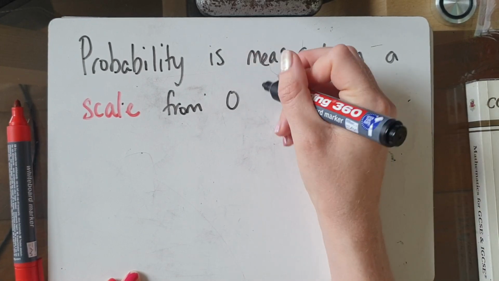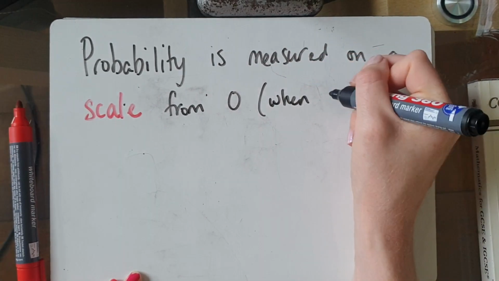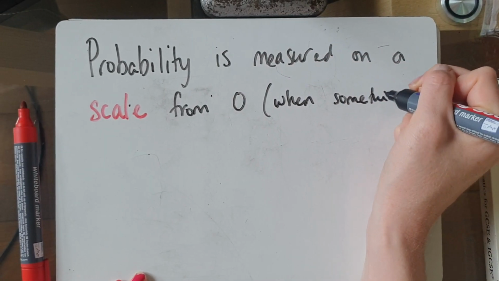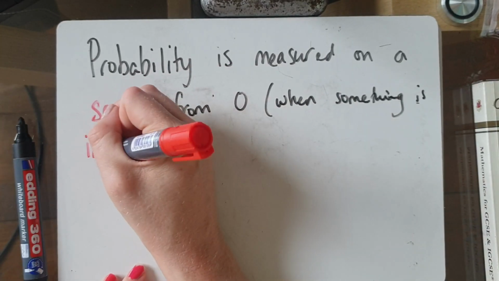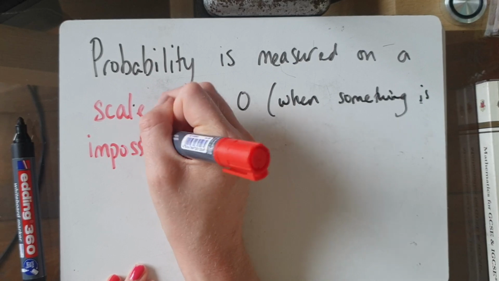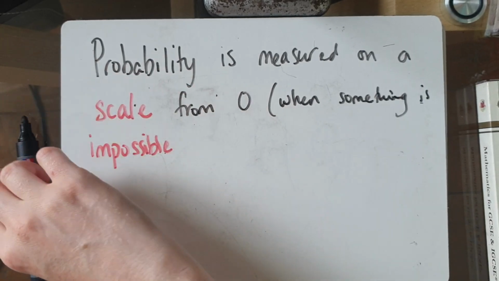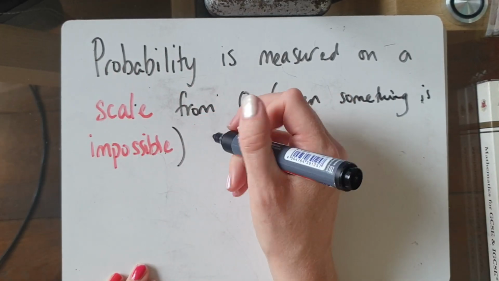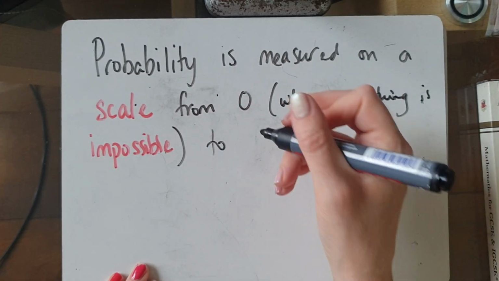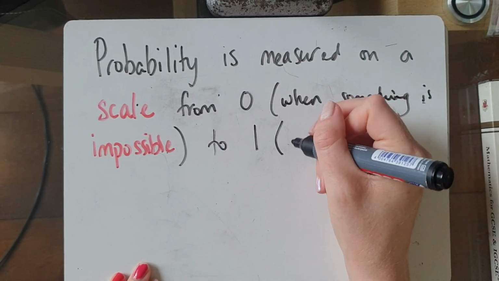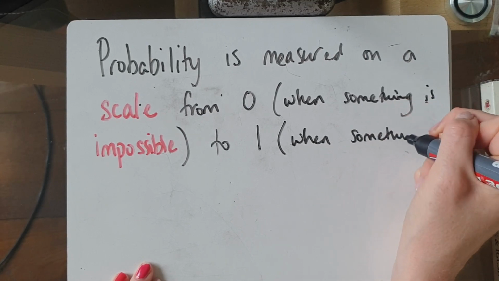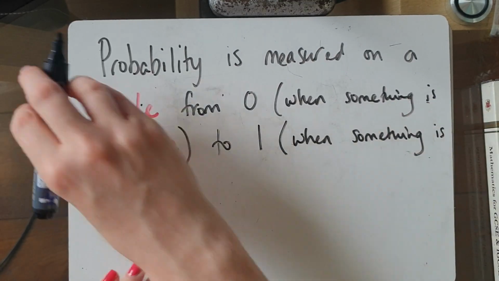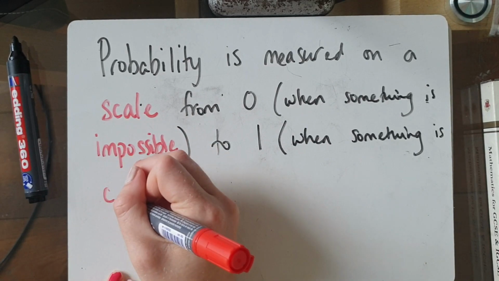It's 0, and this is when something is impossible. And it goes up to 1, which is when something is certain.